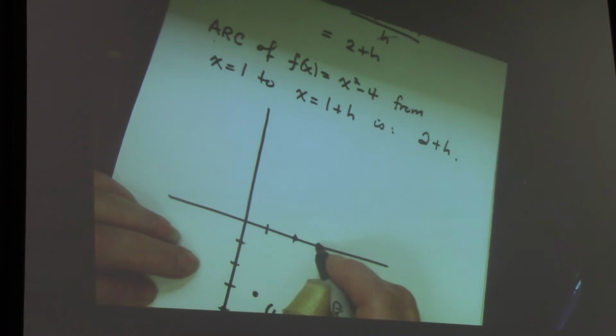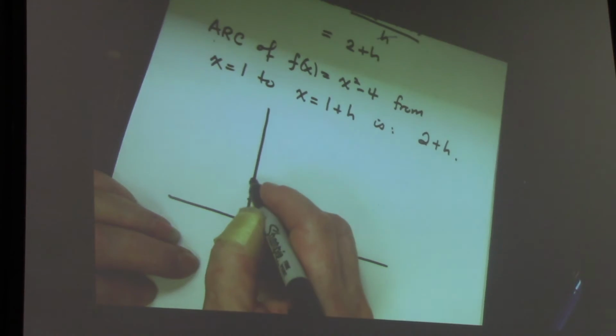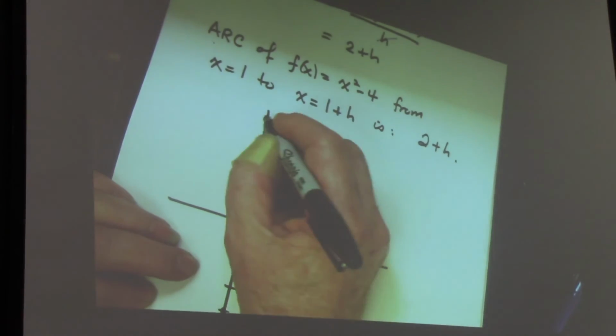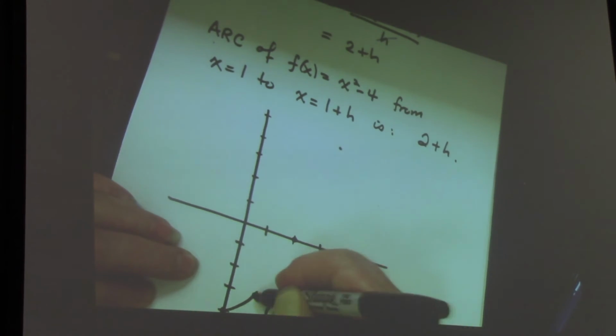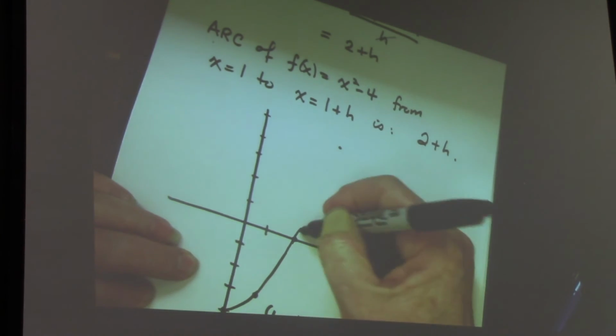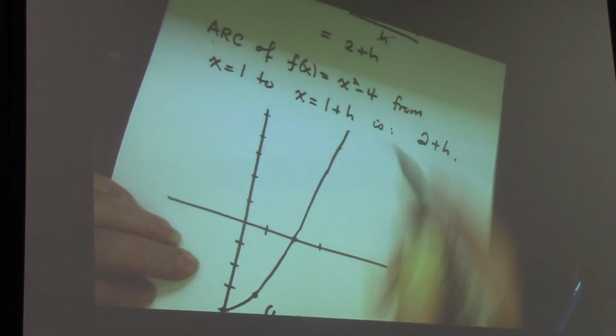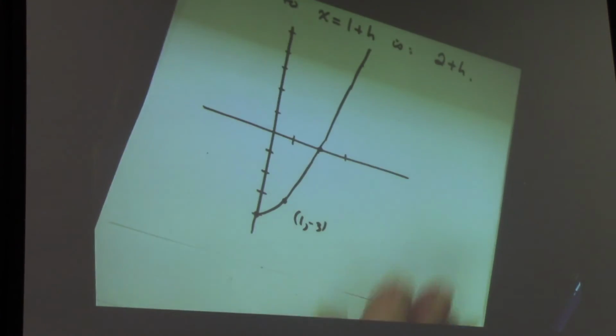I've got 2, 0, and 3, 5. There's the other side as well, but I don't care about it right now.